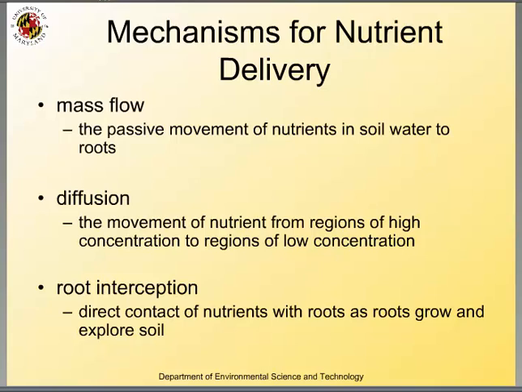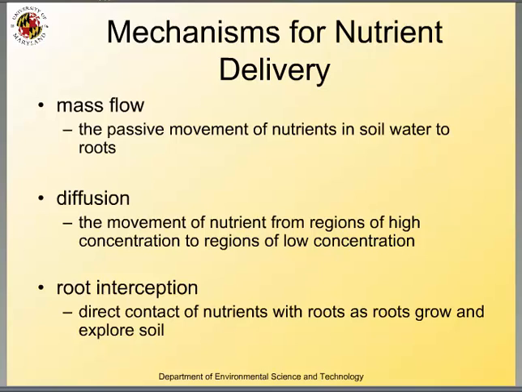How do nutrients get from where they are in the soil to the plant? You know, plant roots are pretty extensive, but they're still not everywhere. These are the three mechanisms that are recognized: mass flow, diffusion, and root interception. Mass flow is the passive movement of nutrients with the soil water.